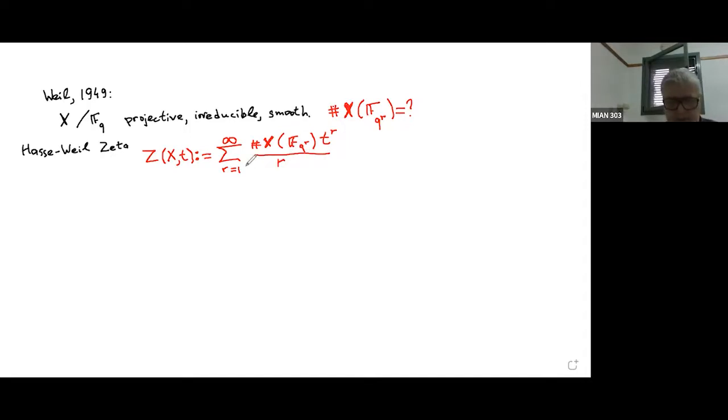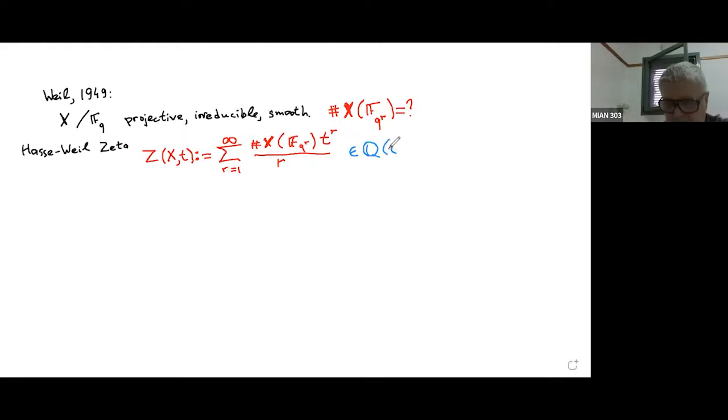Well, this object, this seemingly transcendental power series that could carry an infinite amount of information, is in fact a rational function.